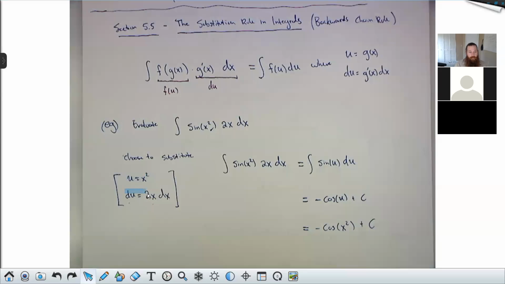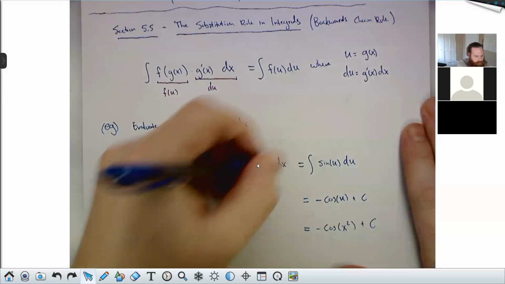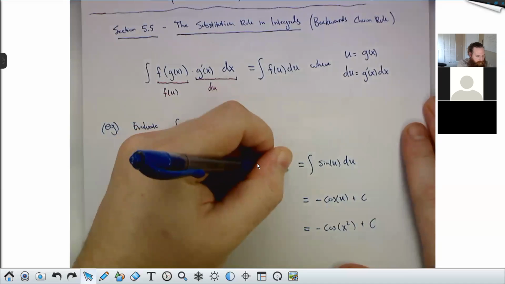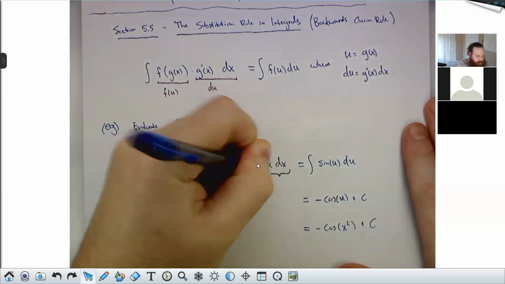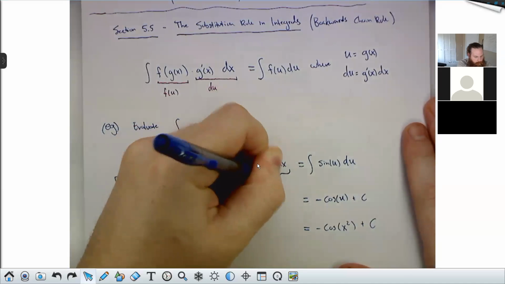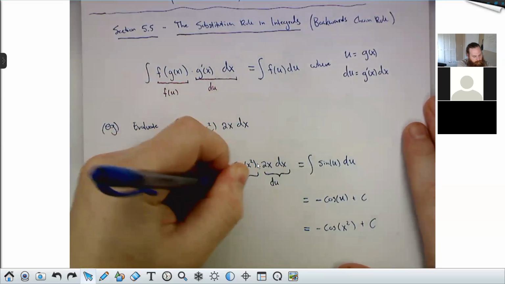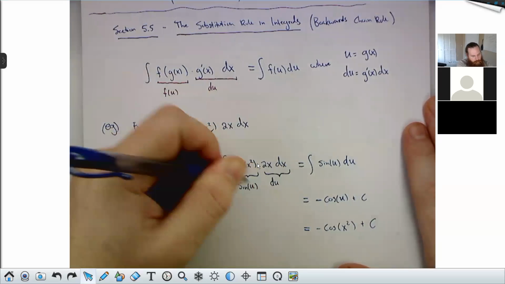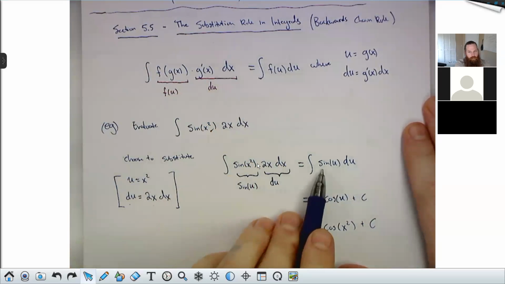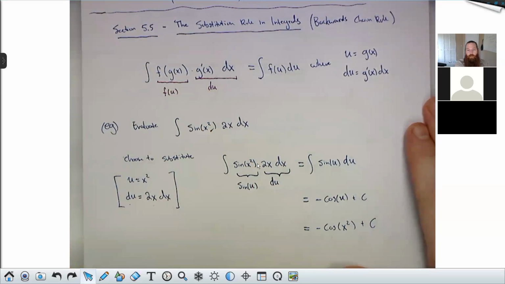You calculate the differential, du, and then you plug all that stuff in. And it just happened to be the case here, and it's by design, that this was exactly du, and that this was exactly sine of u. So I get instead the integral of sine u du, which I know how to do.